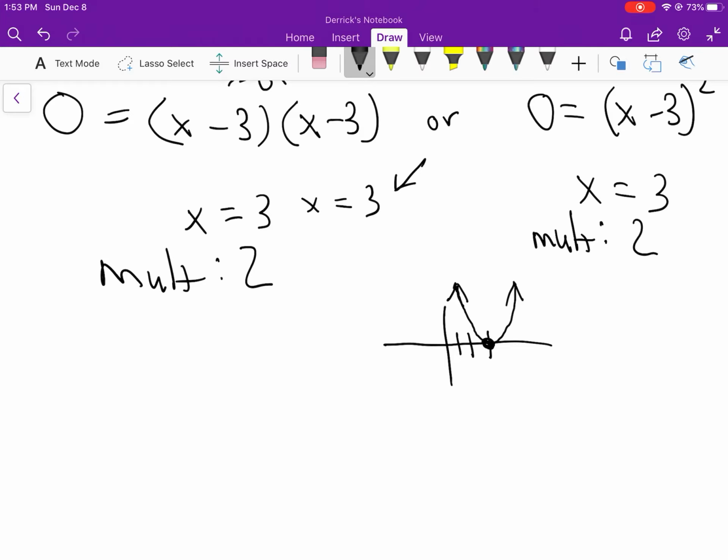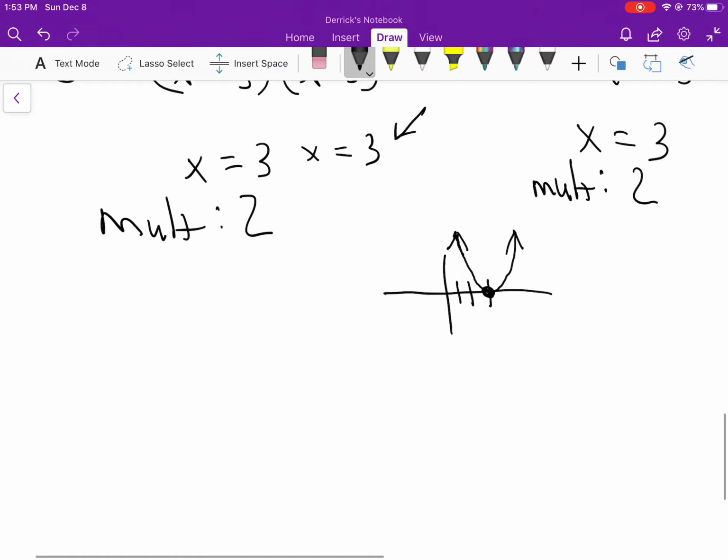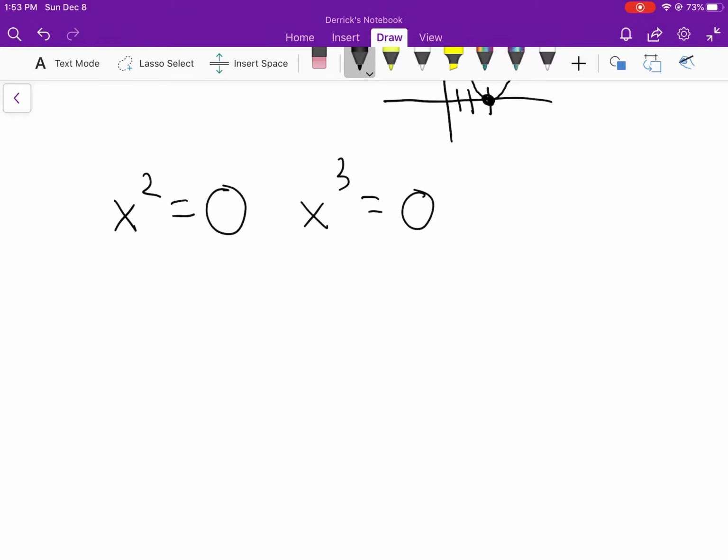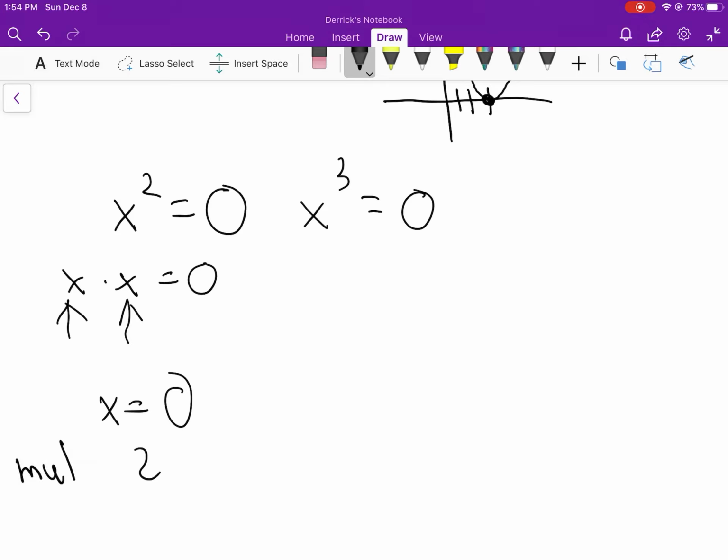Another special case, I guess: recognize that if you have x squared equals 0 or x to the third equals 0, understand x squared really does equal x times x. So that would mean technically you had 2 x's here, which means you find that x equals 0 twice.